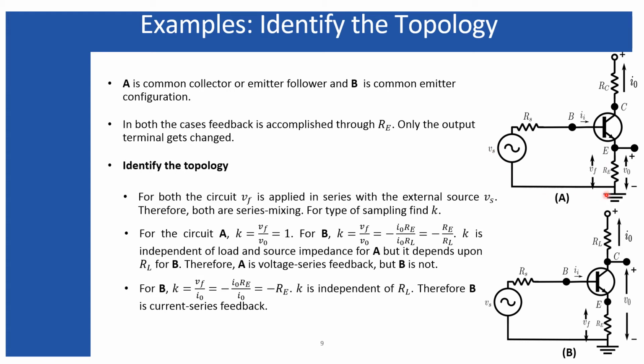This circuit has a special name, that is the emitter follower, because the output voltage follows the emitter voltage, and the emitter voltage follows the input voltage minus this VB. Because if you consider RS equal to 0, so output voltage V naught, which is actually the emitter voltage of this BJT, is equal to Vs minus VB. So that is why output voltage is following emitter voltage, which follows the input voltage.